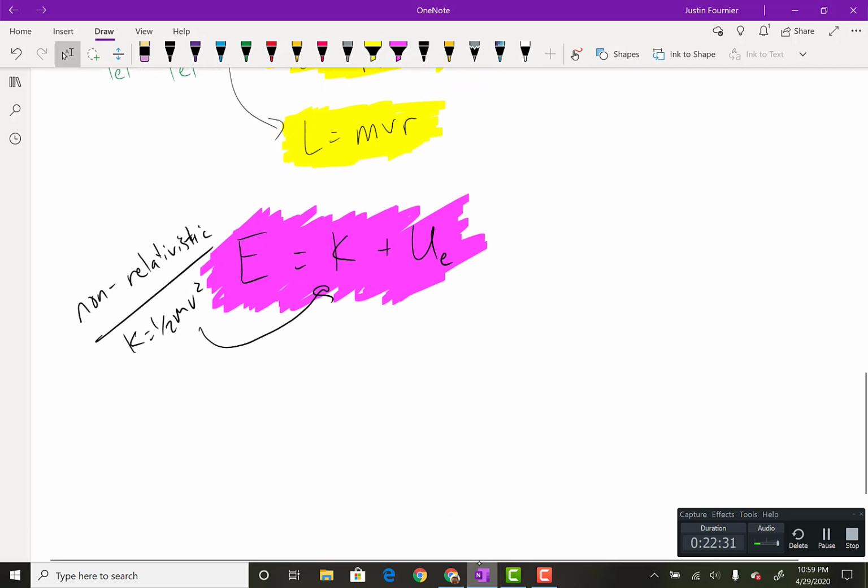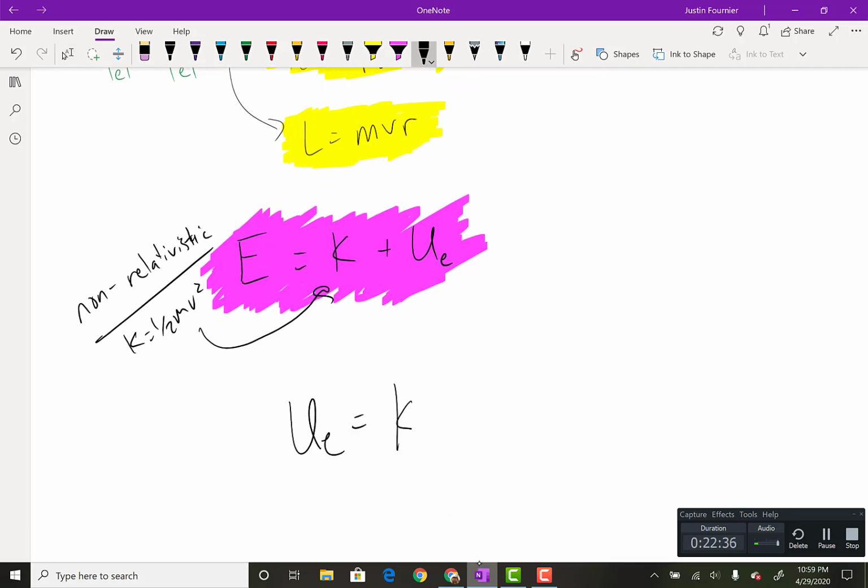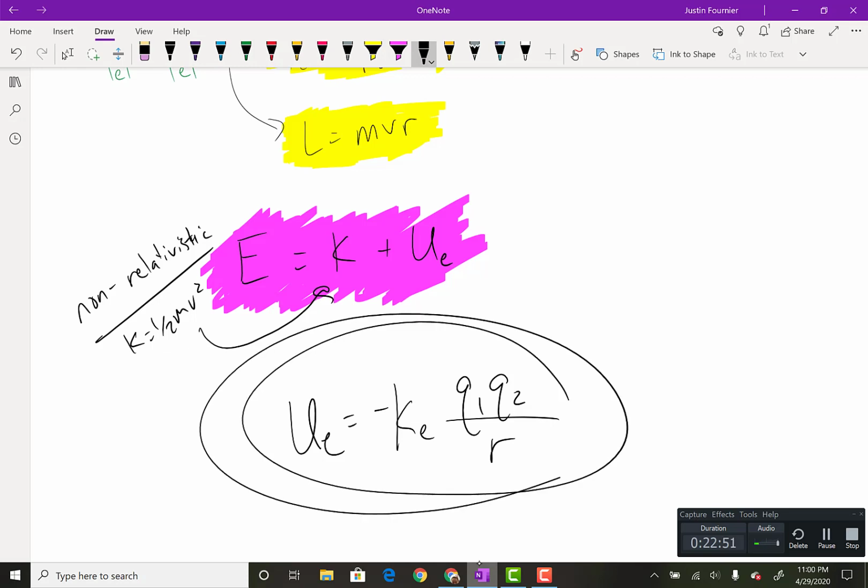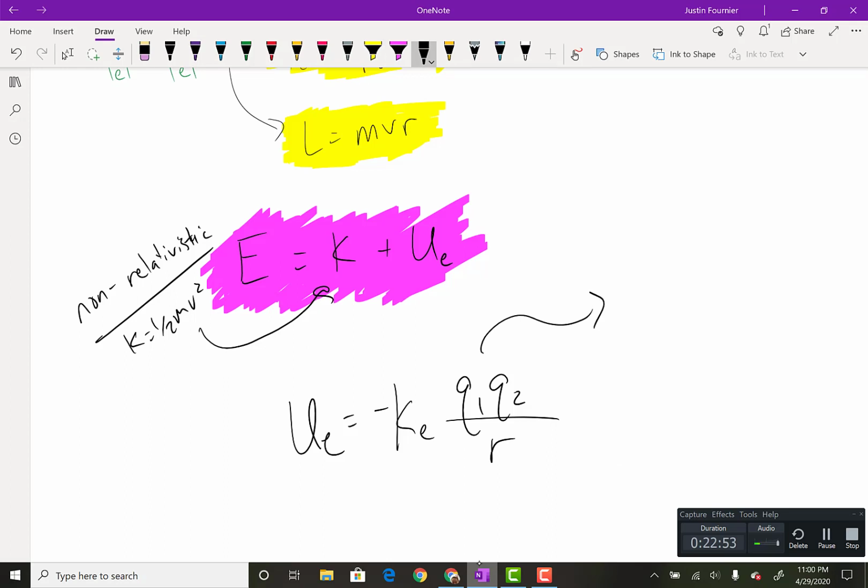Okay, and in doing that as well, you're going to get the electric potential energy. Well, the electric potential energy is the Coulomb constant multiplied by Q1, Q2 over R. And that's negative right there, right? So hopefully you remember deriving that electric potential energy function. Wow, that looks a lot like the gravitational potential energy function, which was negative big G M1 M2 over R, yada yada yada, right?